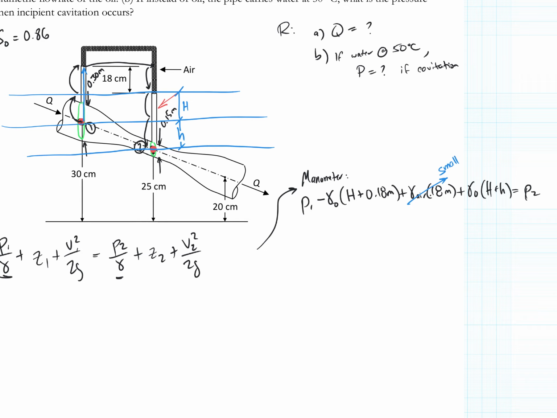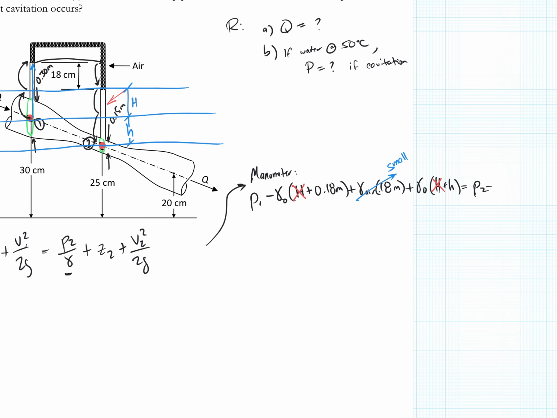And then algebraically, this gamma O capital H plus right here is going to cancel with this gamma O capital H there. It's not a naught, it's an O, so I apologize. Then I'm going to subtract P1 from both sides, so that gets rid of that, and divide both sides by gamma oil.